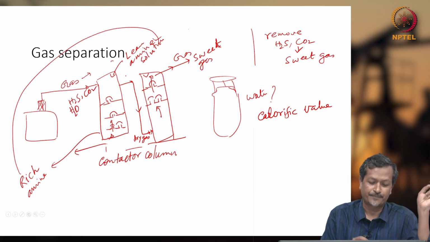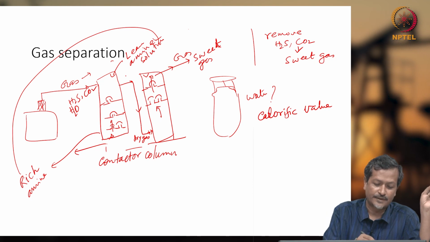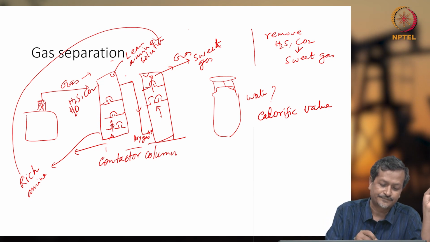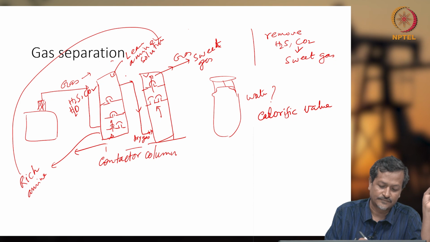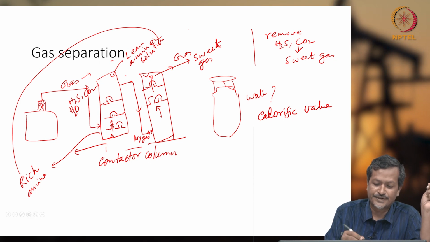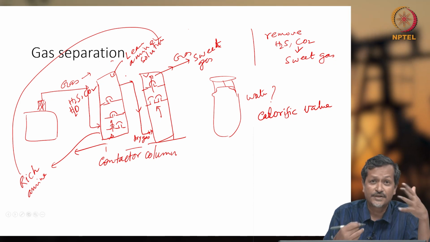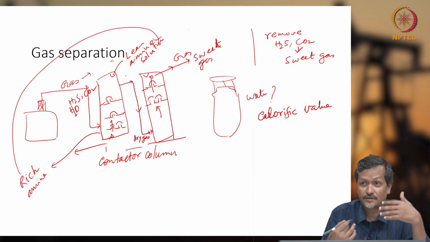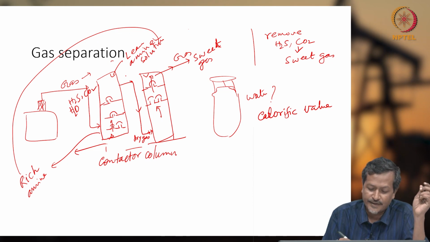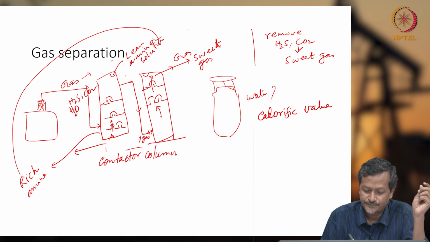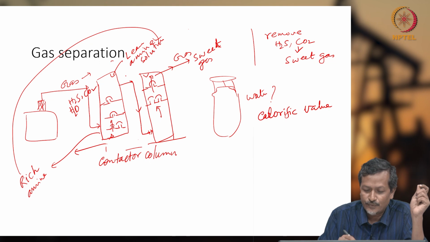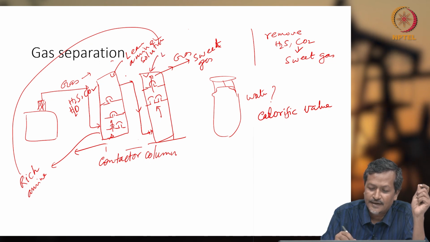And whatever gas you injected here will still have water content because the amine solution mixture was there. So, that gas you again pass through this next contactor column. There you are injecting lean glycol solution.